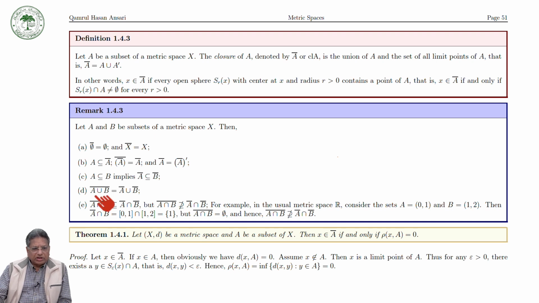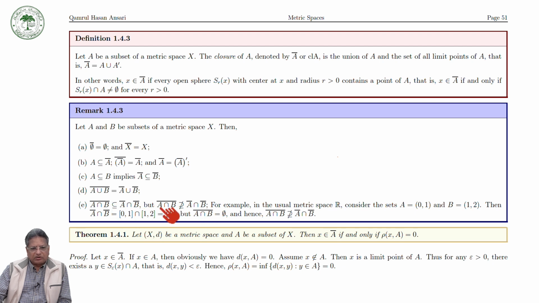The closure of A union B is equal to the closure of A union the closure of B. If we take the intersection, then the closure of A intersection B is a subset of the closure of A intersection the closure of B, but the reverse inclusion does not hold.